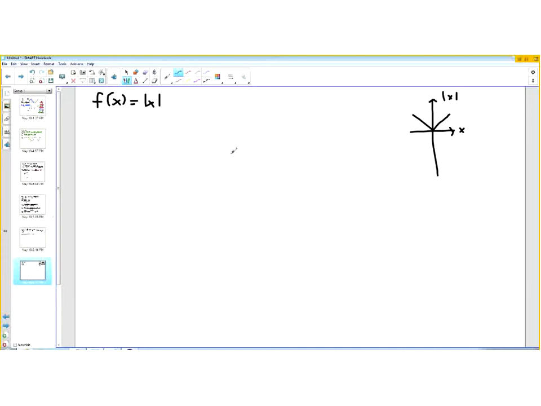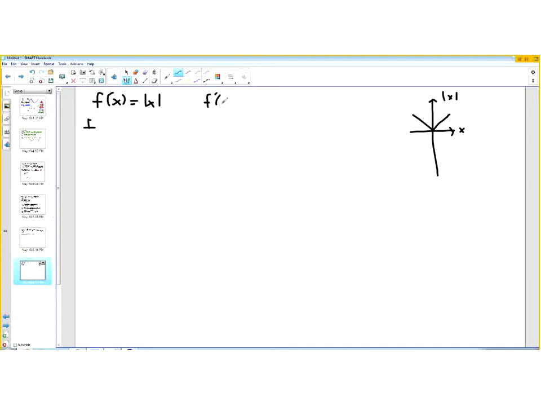mathematical operations involving absolute value, the strategy is to reformulate the problem into one without absolute value. So you replace the absolute value with its definition. So in this case, that's the way we'll handle calculating the derivative.